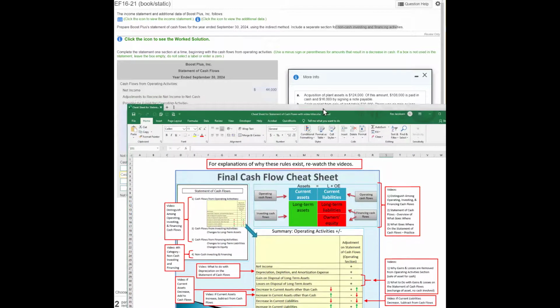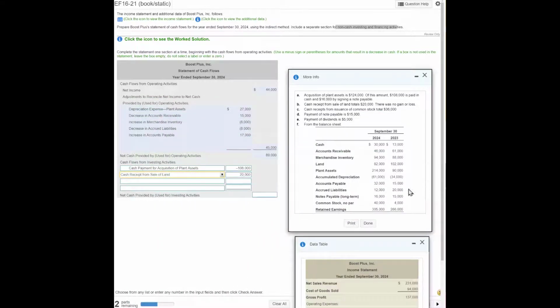Let's look to see if there are any other long-term assets that we're working with. Here's our land, and that's already been addressed with this. Our only other long-term asset is plant assets, and that has already been addressed with this. Later they talk about issuing common stock. That goes in the financing section, as do note payable and dividends. So we're done with the investing activity section.